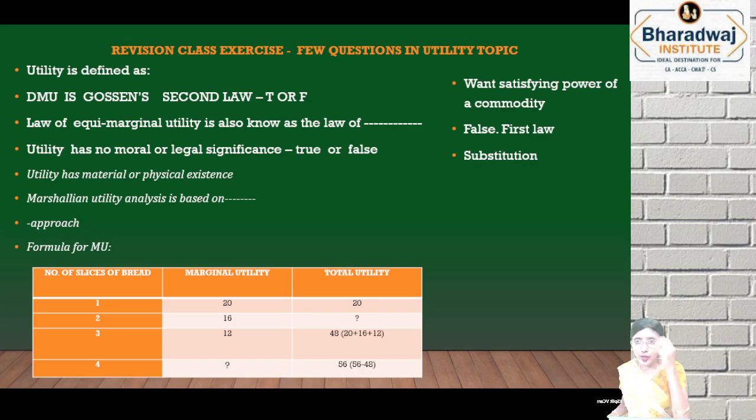I thought this lemonade would give me satisfaction. At my mind level, it's an expectation. I cannot go and shout at the shopkeeper saying, I thought this would give satisfaction, it's not given to me, give back my money. Neither legally nor morally can I do that. That's why I made you this distinction.